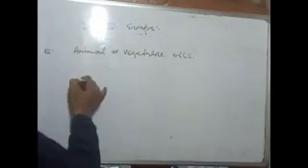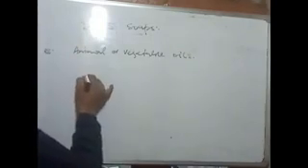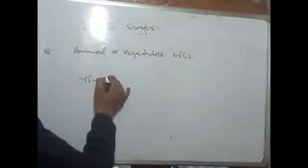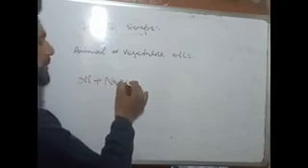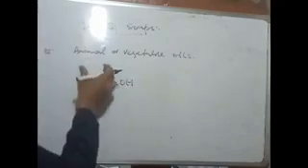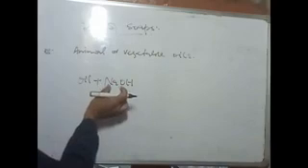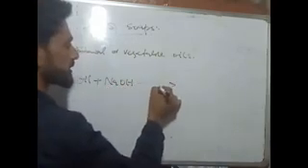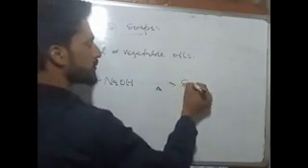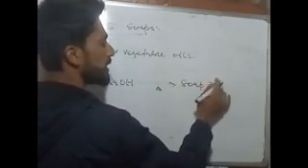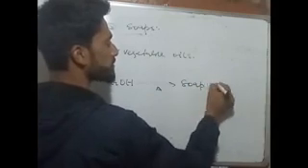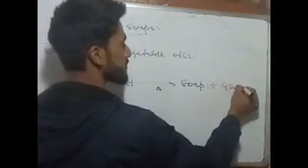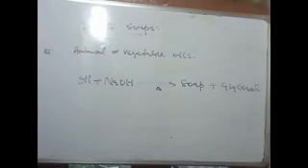For example, the oil is heated with sodium hydroxide. Animal or vegetable oil is heated with sodium hydroxide, which is a base. This gives you soap and glycerol.